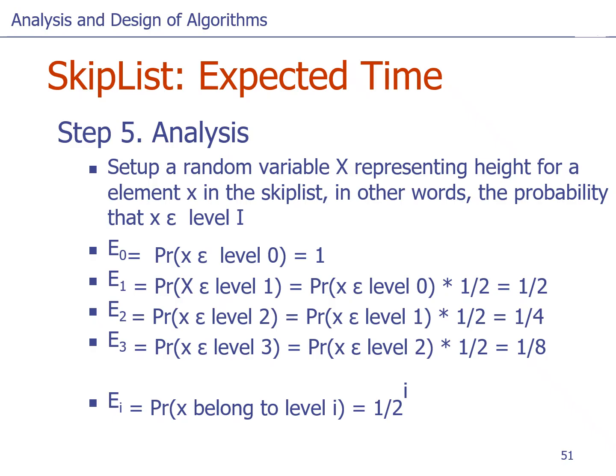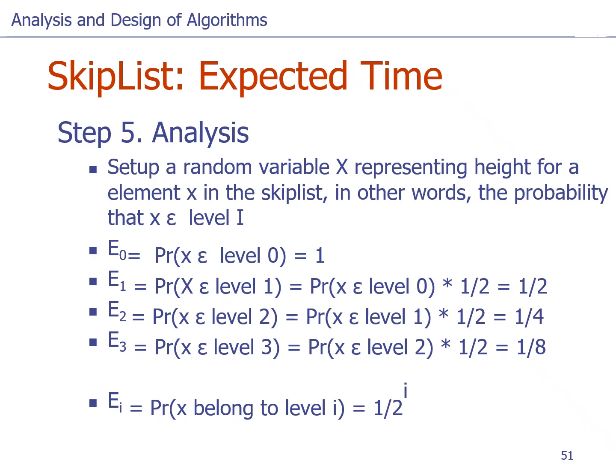So we're standing at level 1 because we got a head, and then we flip the coin again, and again we get a head, so we put it in level 2. The chance of getting a head at that point is half, but the chance of actually being at level 1 is also half. So it's a half by half, it's 1 over 4. Now the probability of being at level 3 is you multiply by another half, so it's 1 over 8.